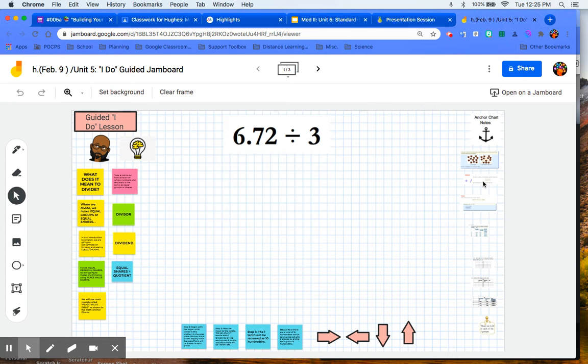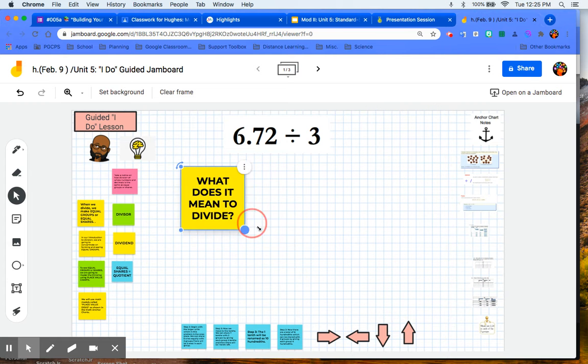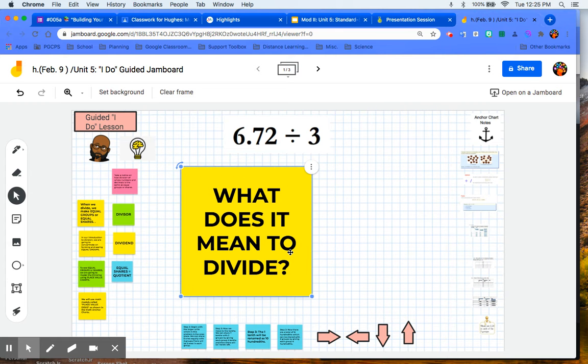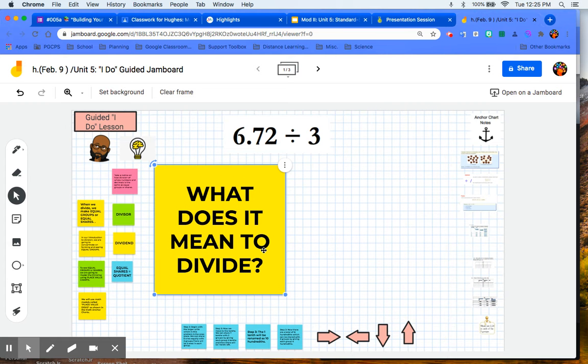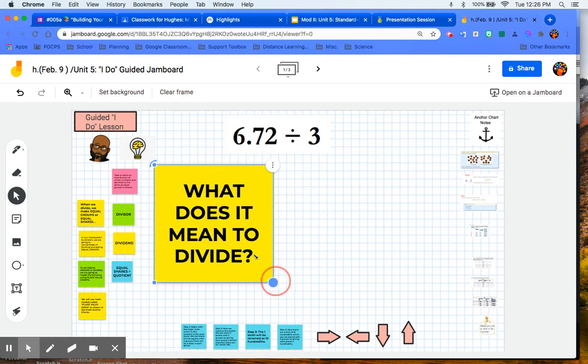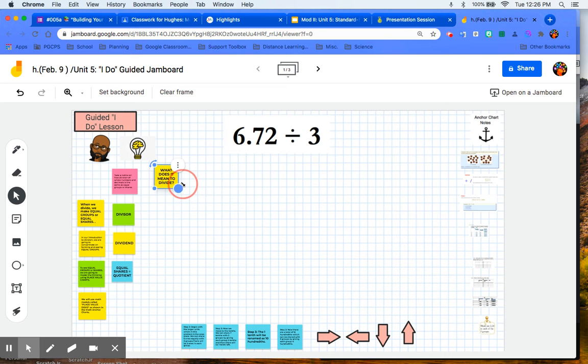Now, as you can see, the exploration I want to start off with is getting an understanding of what it really means to divide. What is division?